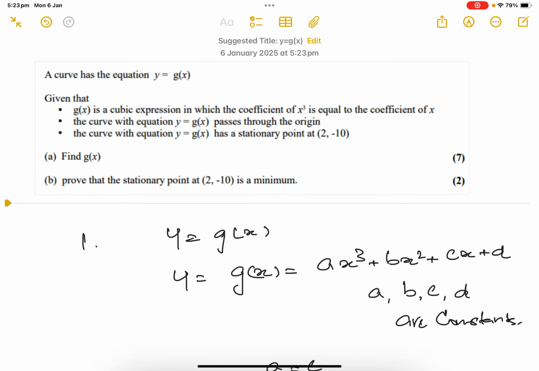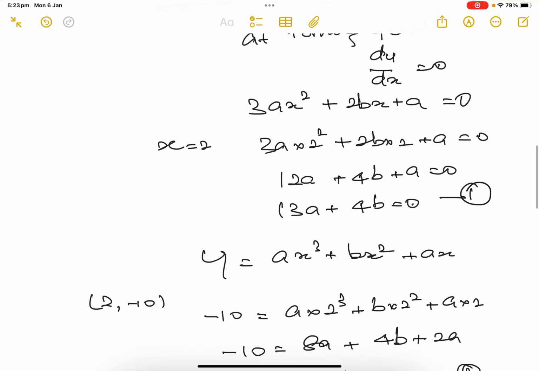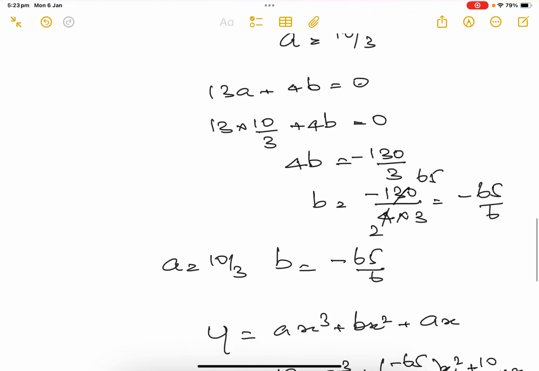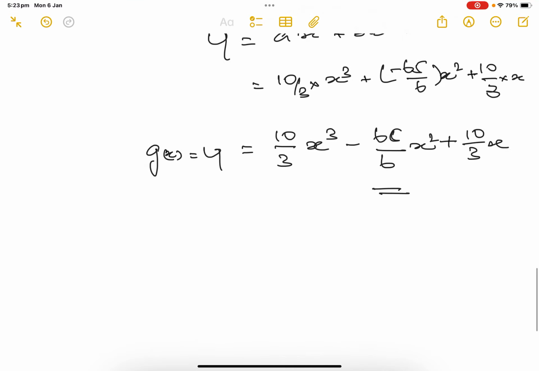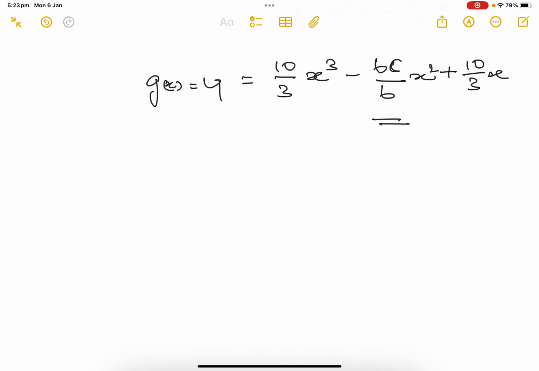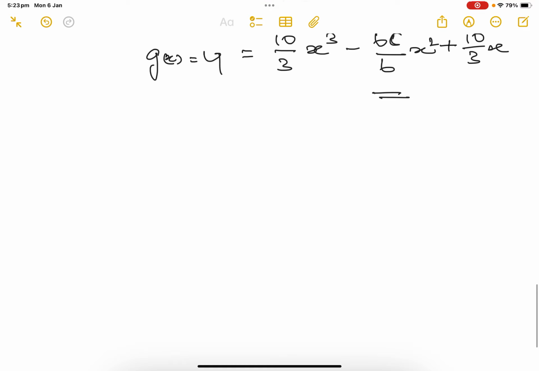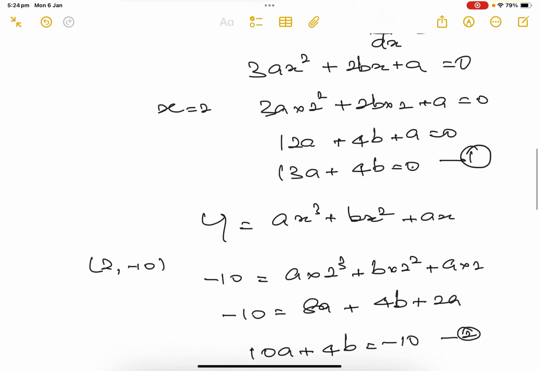Let's look at the second part. Prove that the stationary point at 2, minus 10 is a maximum. So we know that 2, minus 10 is the stationary point. What we have to prove is the maximum.